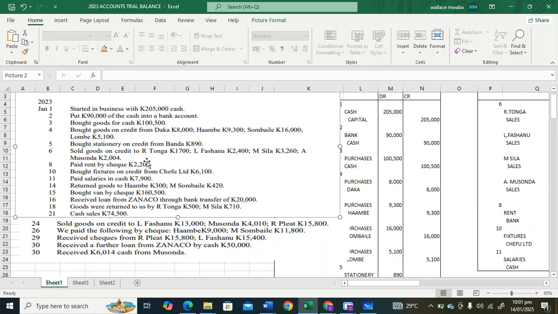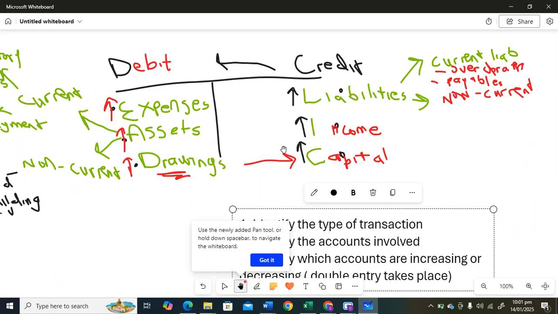Yes, sir. Wonderful. So which one is increasing? Which one is decreasing?